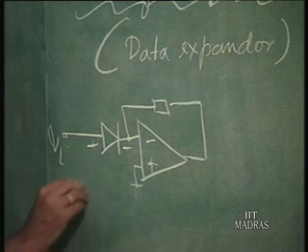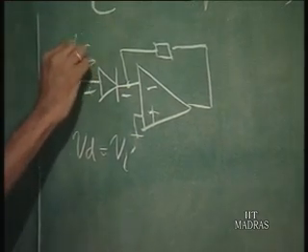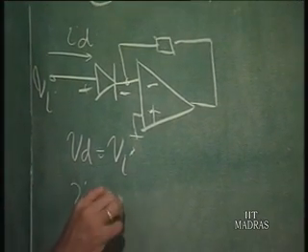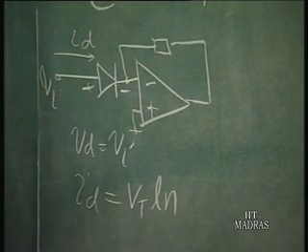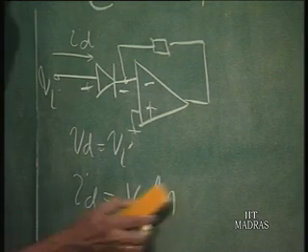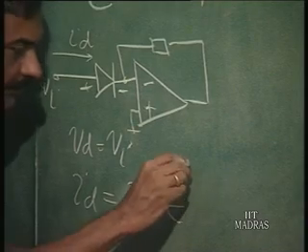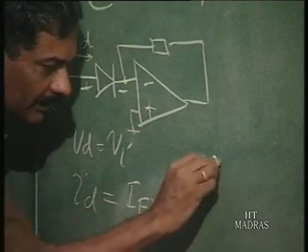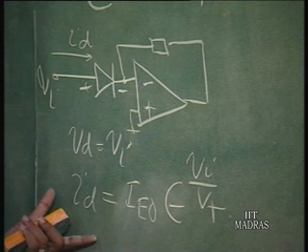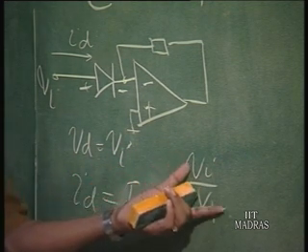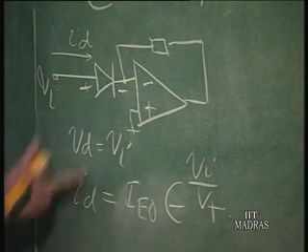So, diode voltage is equal to V I. That means, current in the diode is equal to I E naught exponent V diode divided by V T, which is V I by V T. So, this is the anti-log operation, right. If V I is V T log something, this will become anti-log. Okay. So, this is the anti-log operation.